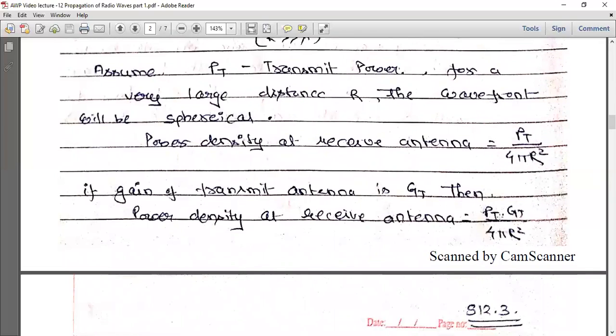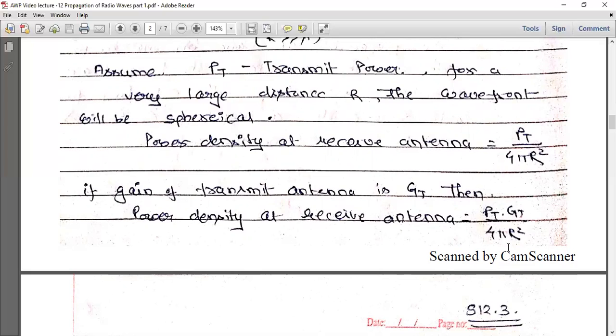Actually, this is the result PT upon 4 pi R square when you consider the antenna to be perfect, with 100% gain, that is GT equal to 1. But generally GT is not 1, it is somewhat less than 1. That's why the power density at the receiving antenna is given by PTGT upon 4 pi R square. It is very obvious.